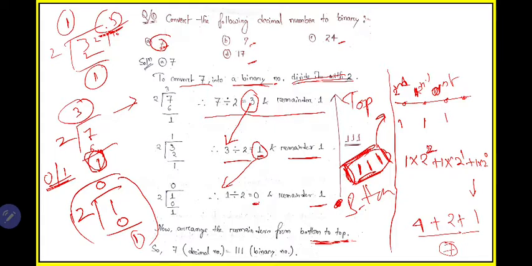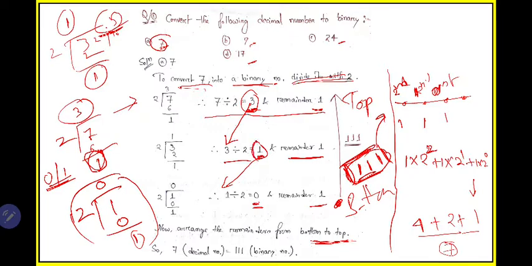So again remember these basic 3 steps. First, divide the number you want to convert by 2 multiple times, again and again, unless you are getting 0. So first we divided by 2, we got the answer 3 and remainder 1. Divide this answer again by 2, then you will get another answer and a remainder 1.